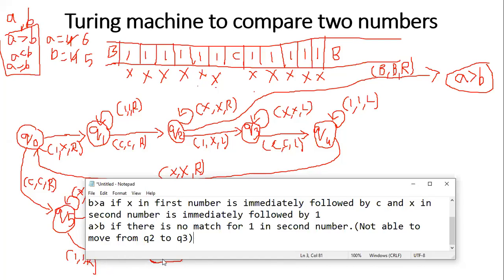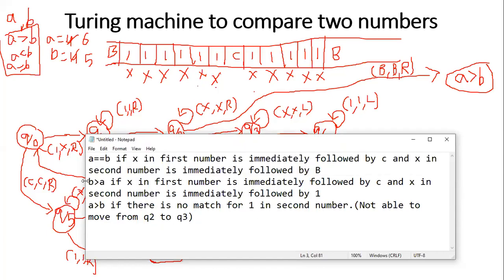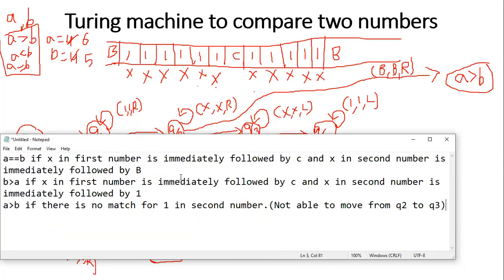So these are the three conditions you are supposed to remember when you are constructing a Turing machine for comparison.